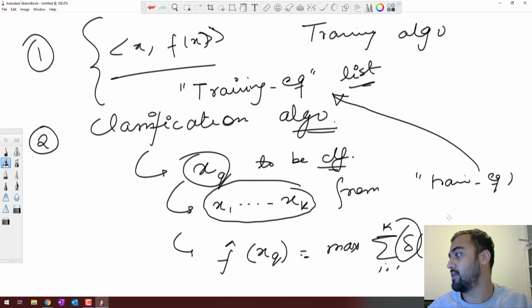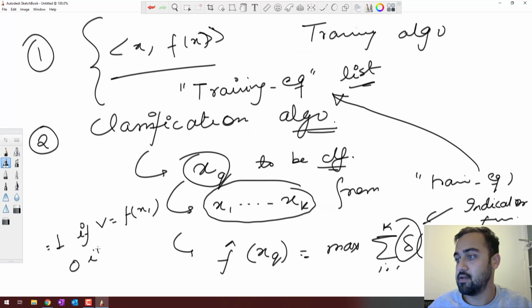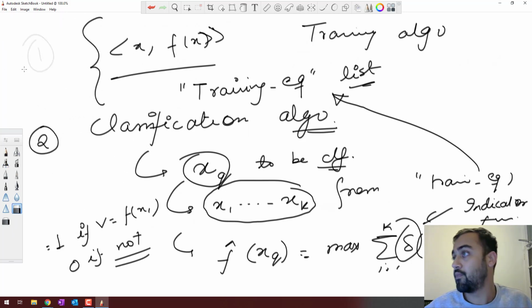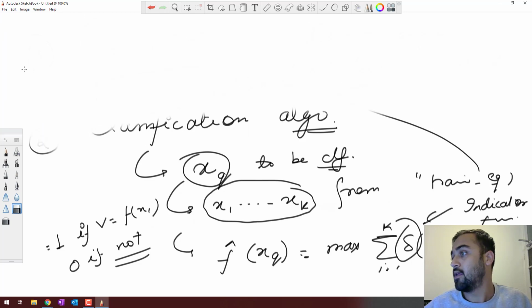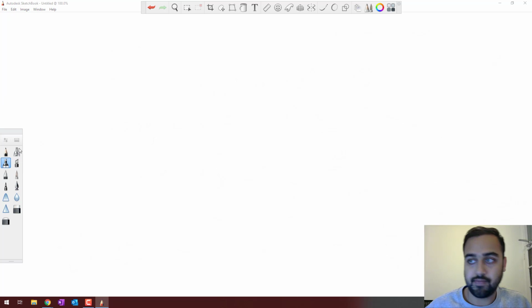Where delta is again an indicator function which will output 1 if v is equal to f of xi and 0 if not, right? Now that completes the two parts of your nearest neighbor algorithm.